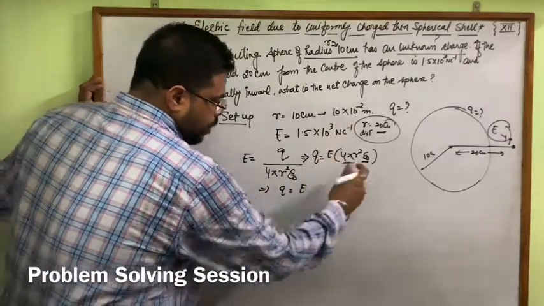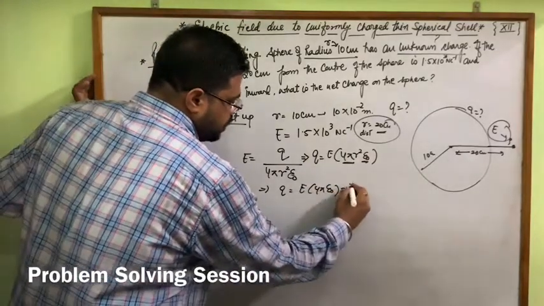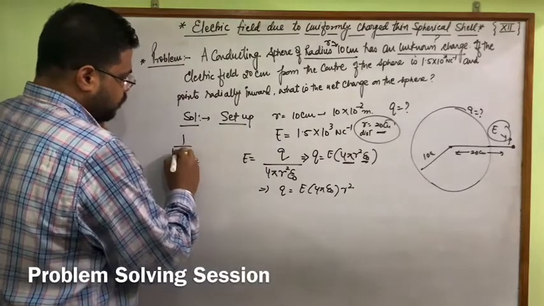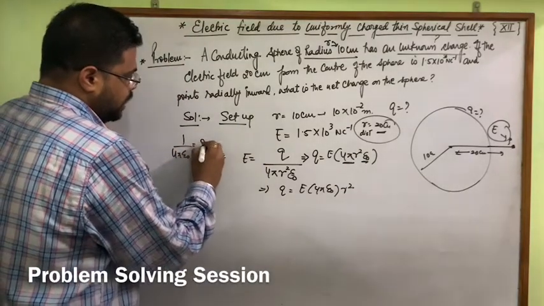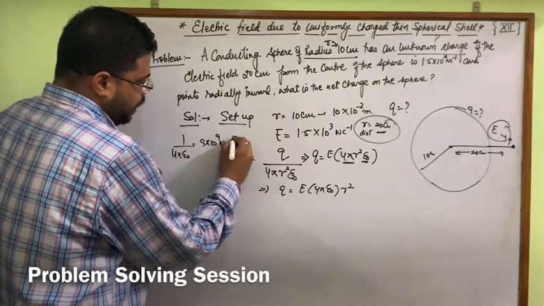Now we can write 4 pi epsilon naught together, because we know that 1 upon 4 pi epsilon naught is 9 into 10 raised to the power 9 Newton meter square per Coulomb square.